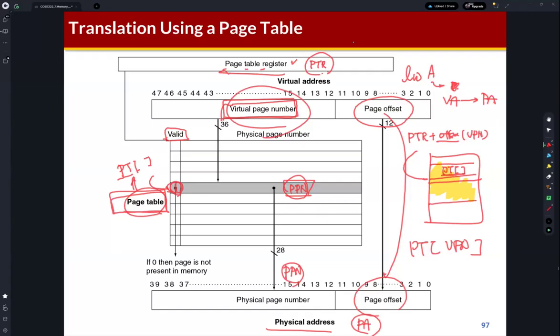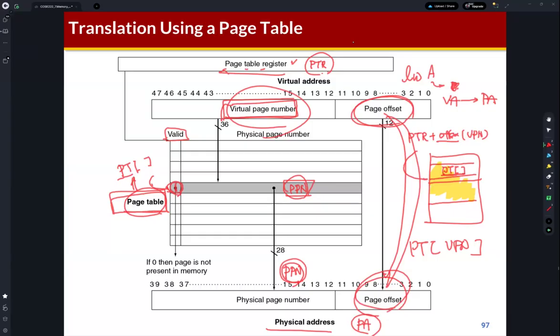The VPN is translated into a physical page number by accessing the page table. Then the page offset is just copied. This explains how the virtual address is translated into a physical address.